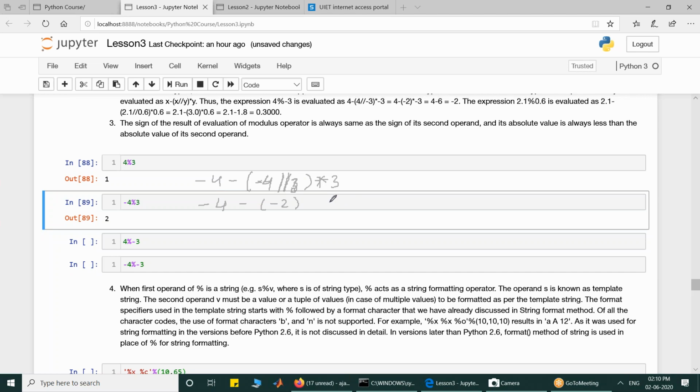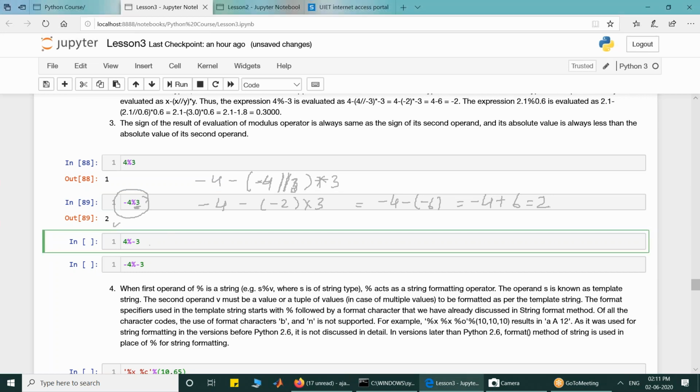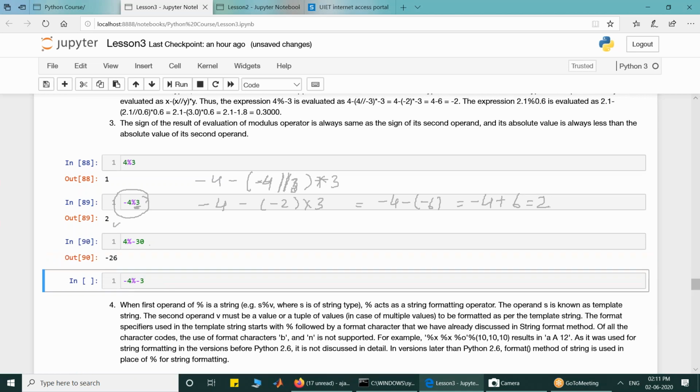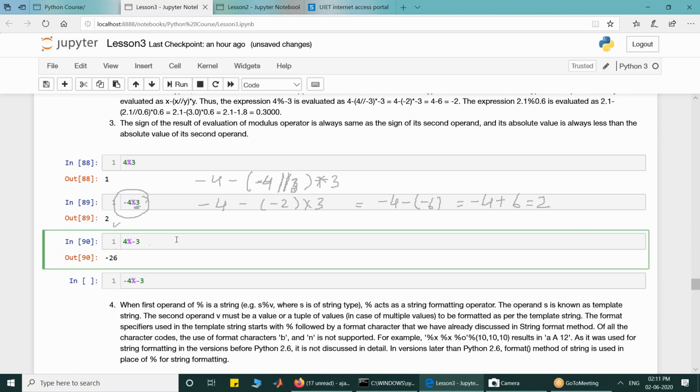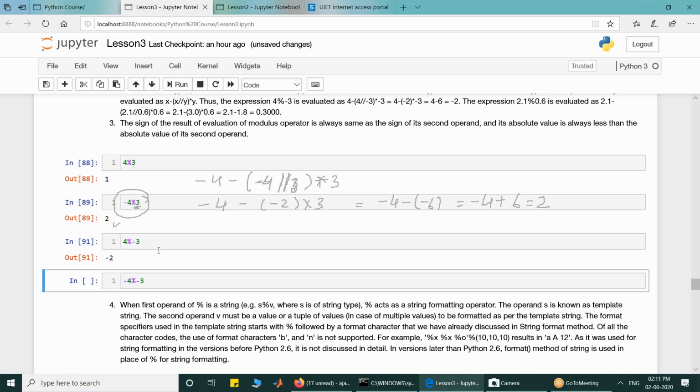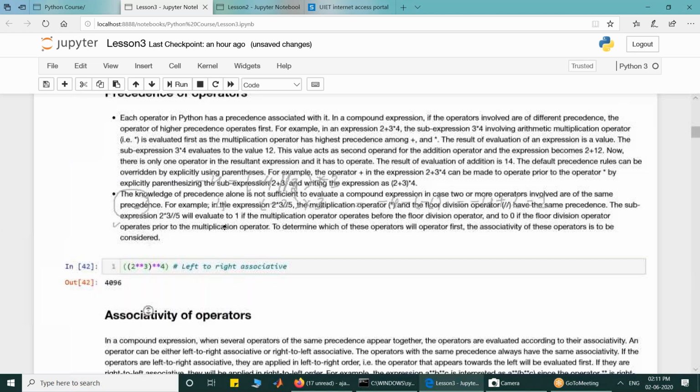Minus 4 minus minus 2 into 3, and this comes out to be minus 4 minus of 6. So this comes out to be minus 4 plus 6, and that is equivalent to 2. That's why this comes out to be 2. The result depends upon this. 4 divided by this comes out to be, tell me students, this comes out to be minus 2.